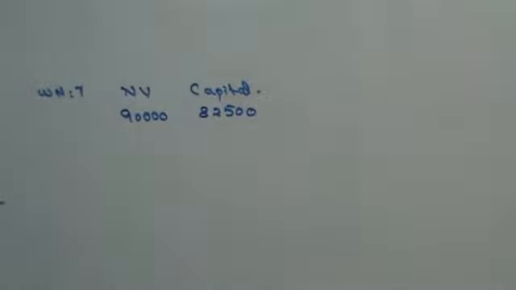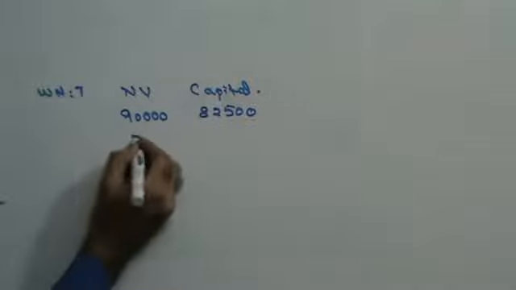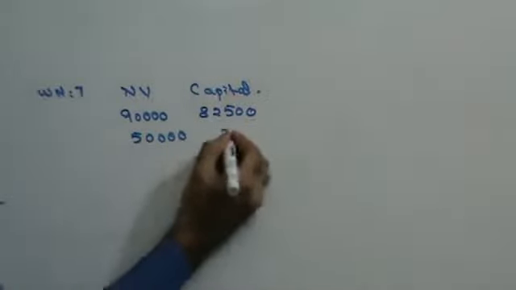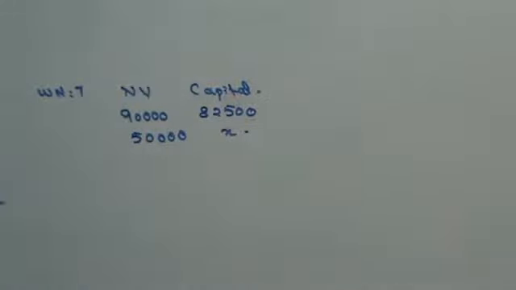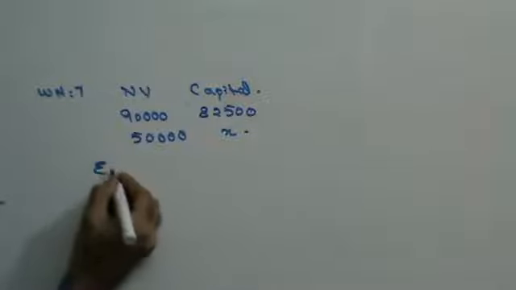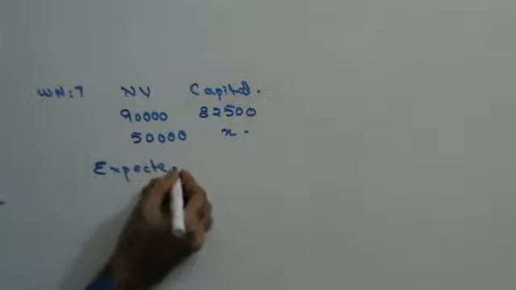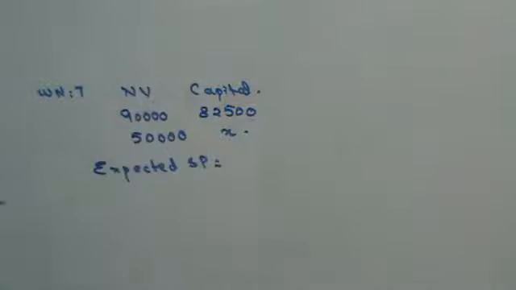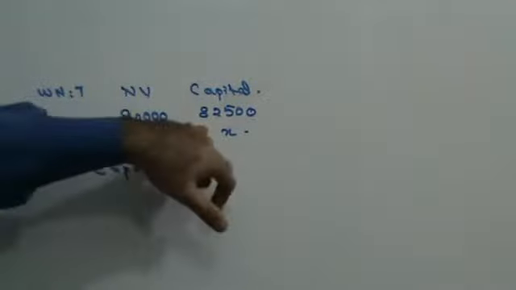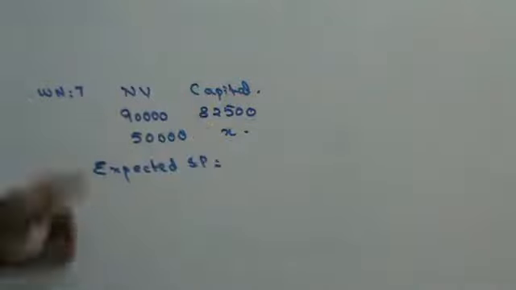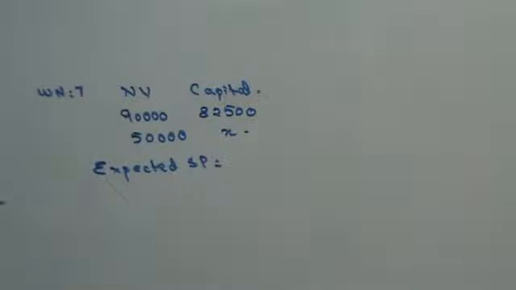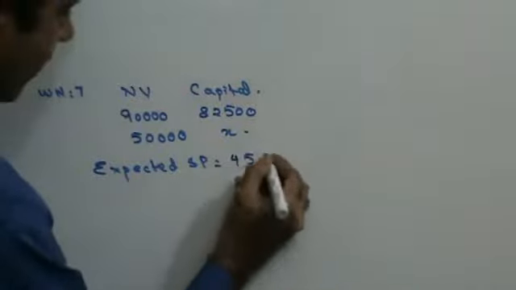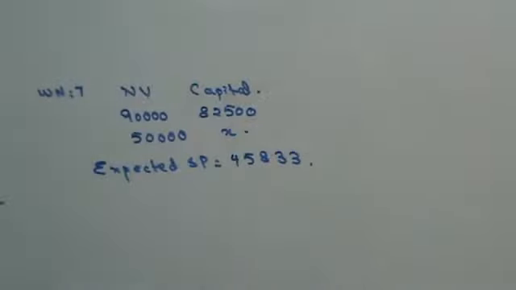Now, you have sold investments of 50,000. In that case, what should your expected selling price be? Your expected selling price should be 50,000 into 82,500 divided by 90,000. That is 45,833.